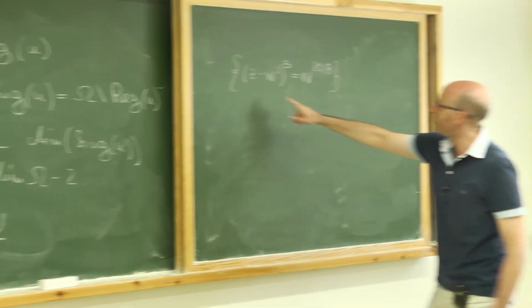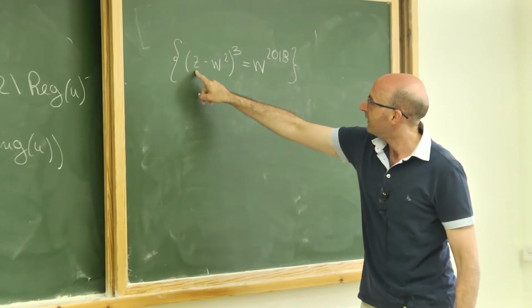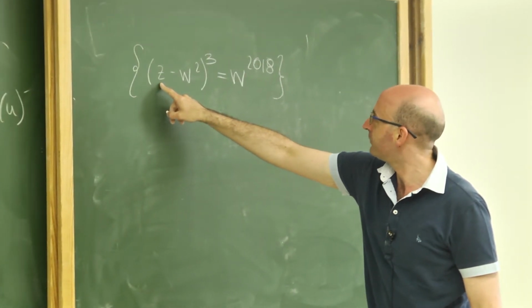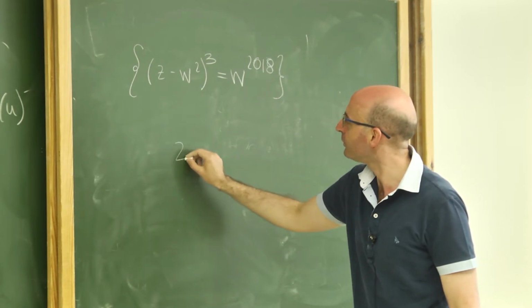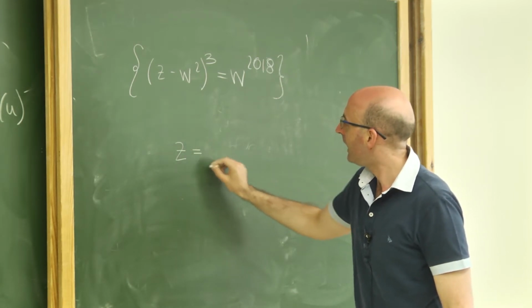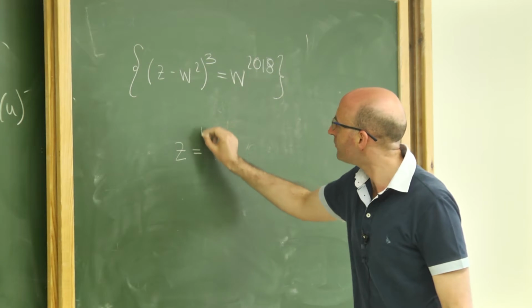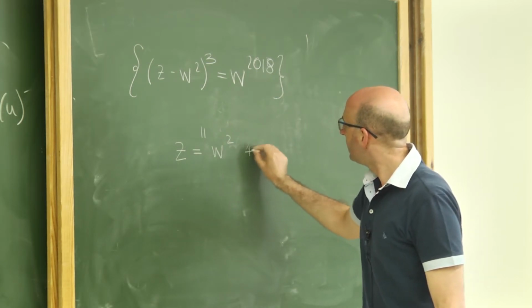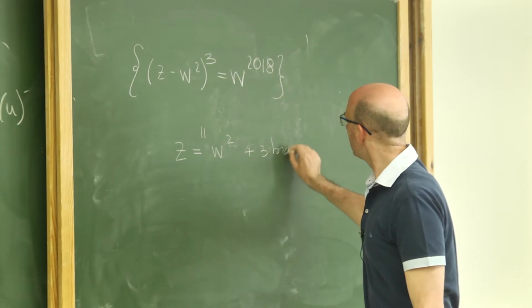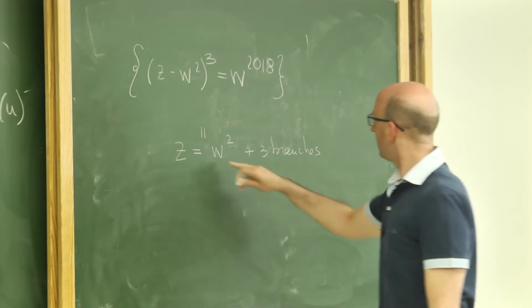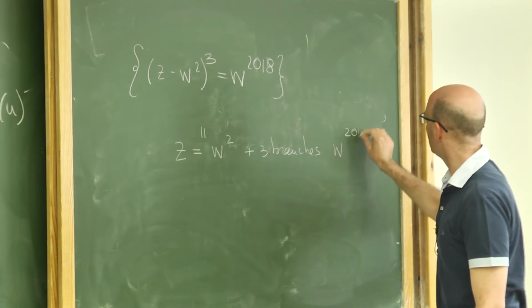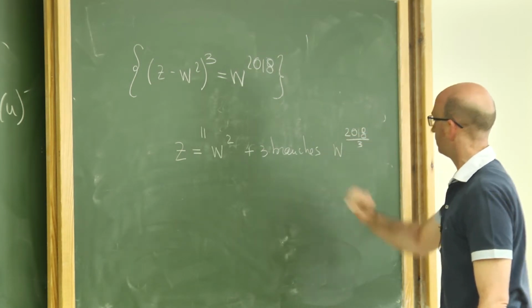And now you see that if I try to express z as a function of w, I quote unquote see w square and then 3 branches added to them, which are the branches of w to the power 2018 divided by 3.